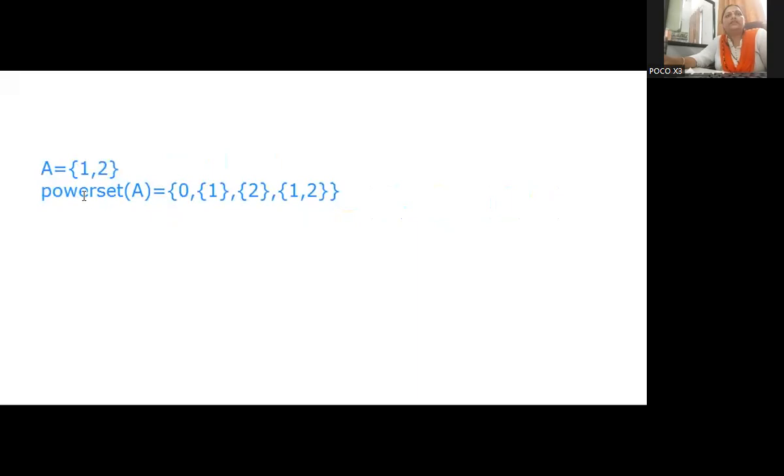If we take an example like this, the union will be the supremum, that is the least upper bound, and the intersection will be the greatest lower bound. Tell me what will be the supremum then?